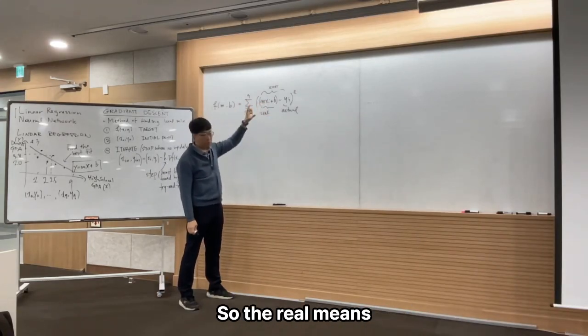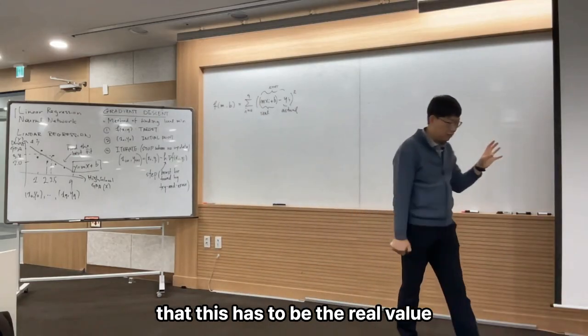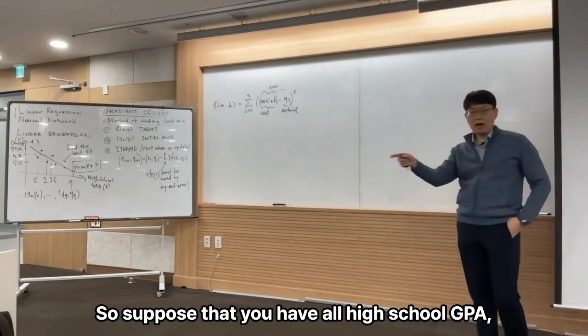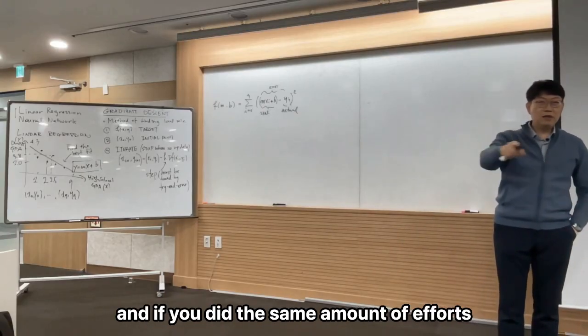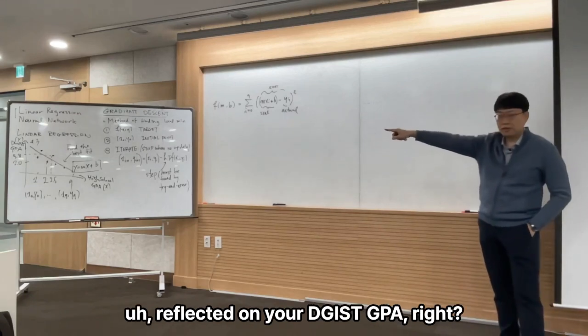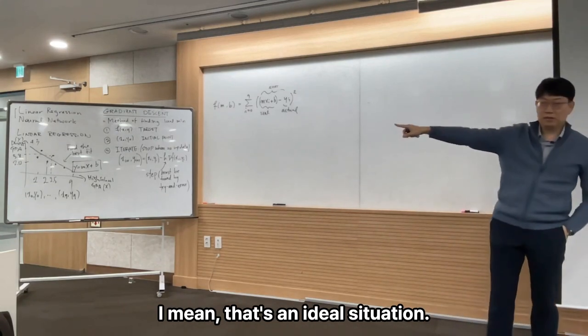So the real value means that this has to be the real value if nothing is wrong. So suppose that you have a high school GPA, and if you put in the same amount of effort at DGIST, that has to be reflected in your DGIST GPA, right? I mean, that's an ideal situation.